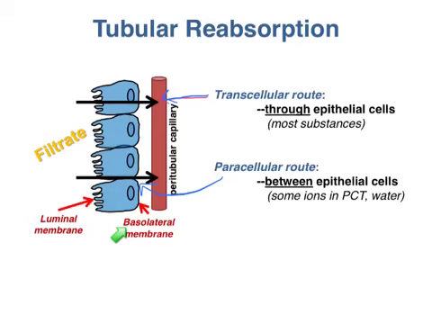Most reabsorption occurs in the proximal convoluted tubules, and reabsorption begins as soon as filtrate enters the proximal tubule. It's worth noting that wastes are actually reabsorbed as well, but it's not a complete reabsorption. So under normal healthy conditions, urea, for example, you only reabsorb about 50%, about half of the urea that's in your filtrate.